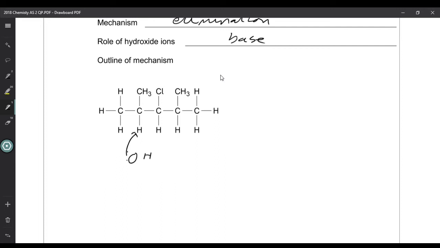The next curly arrow is going to be from that carbon-hydrogen bond to the carbon-carbon bond.